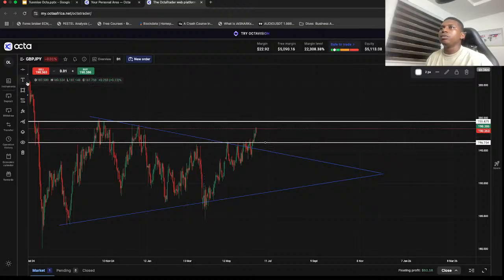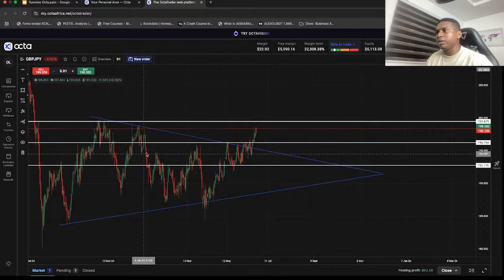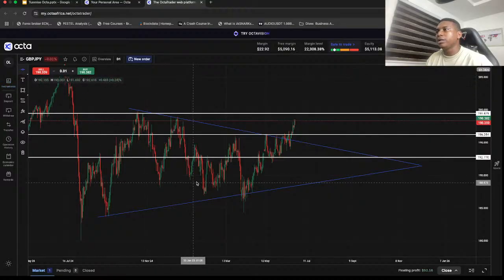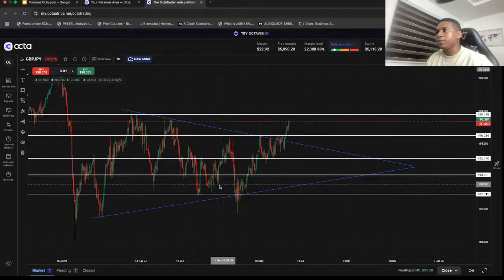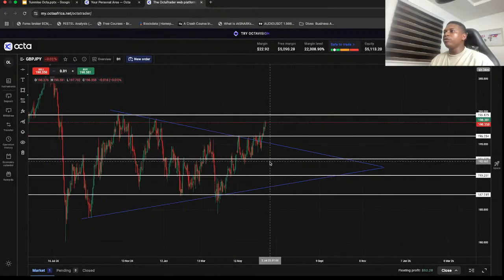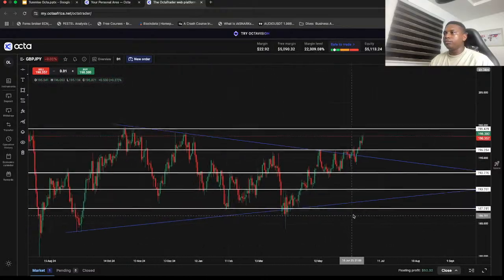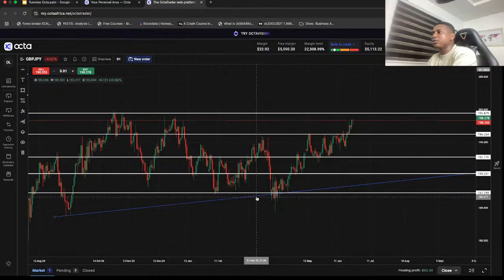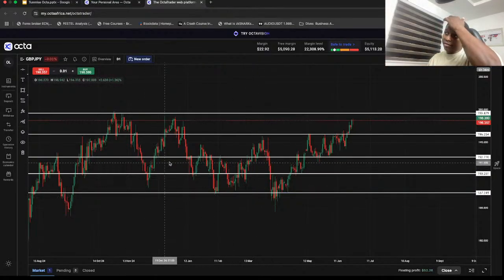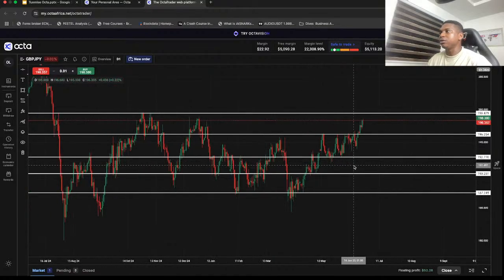Okay, we have another level of support here, and another level of support here, and another level of support here. So yeah, we've been able to map out levels of support and resistance on this chart.